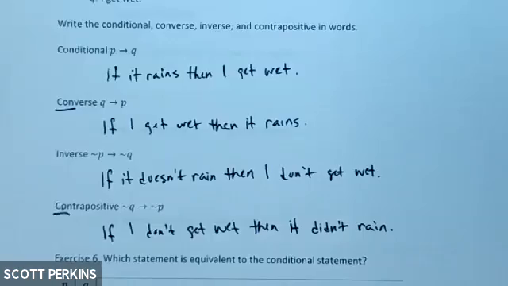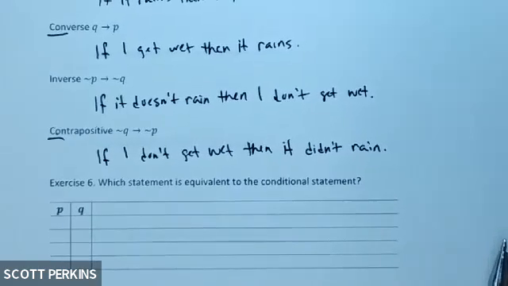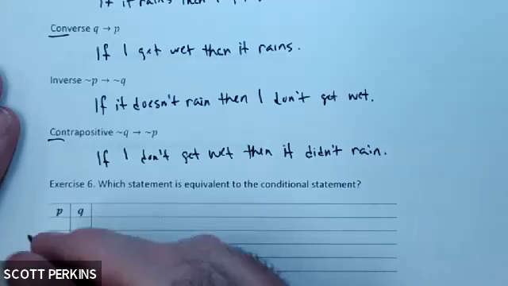So I would like you to do the truth table and determine which one the conditional statement is exactly equivalent to. If you're in your English class writing an essay and you write an if-then statement, I'm going to give you a way to double your words for free. You can just do one of these others. Go ahead, I'll give you about 2 or 3 minutes to make as much progress as you can.